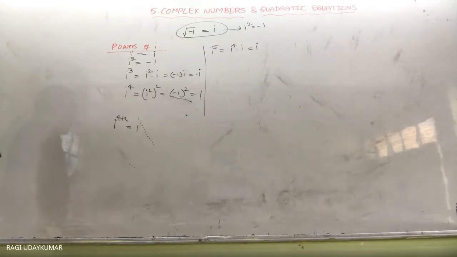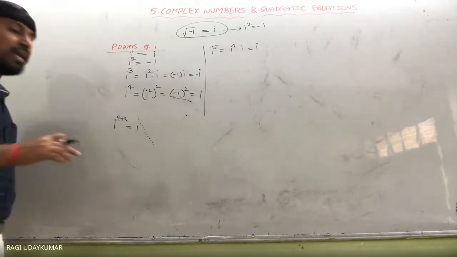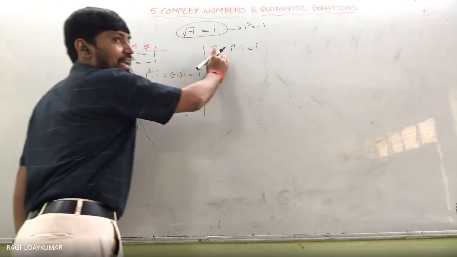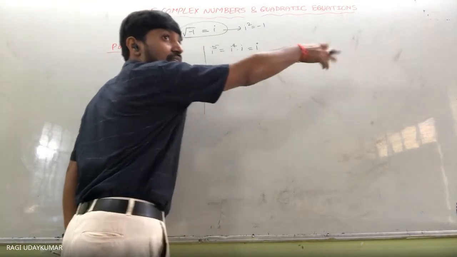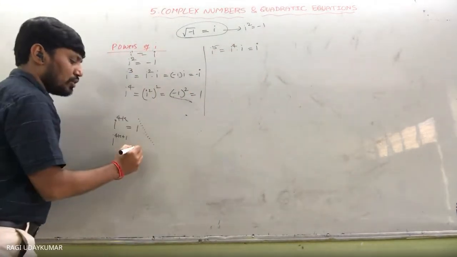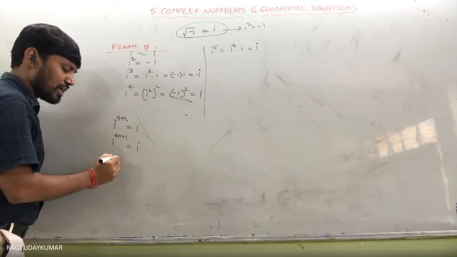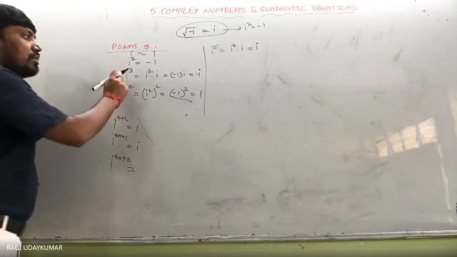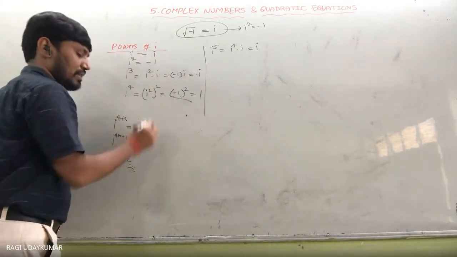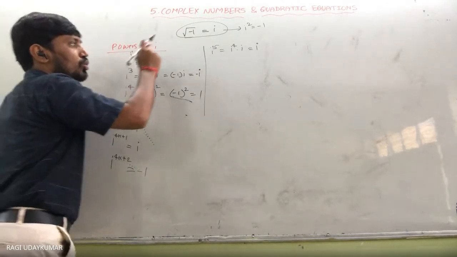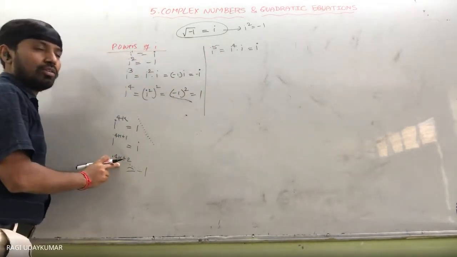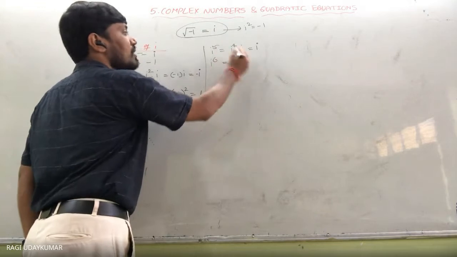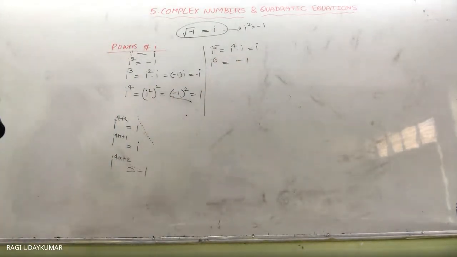For i power 4k plus 1, like 5, next 9, it continues, you get i. I power 4k plus 2 is minus 1: 2, 6; in place of k take 0, 2 comes; in place of k take 1, 6 comes. i power 6 is equal to minus 1. And it continues like that.